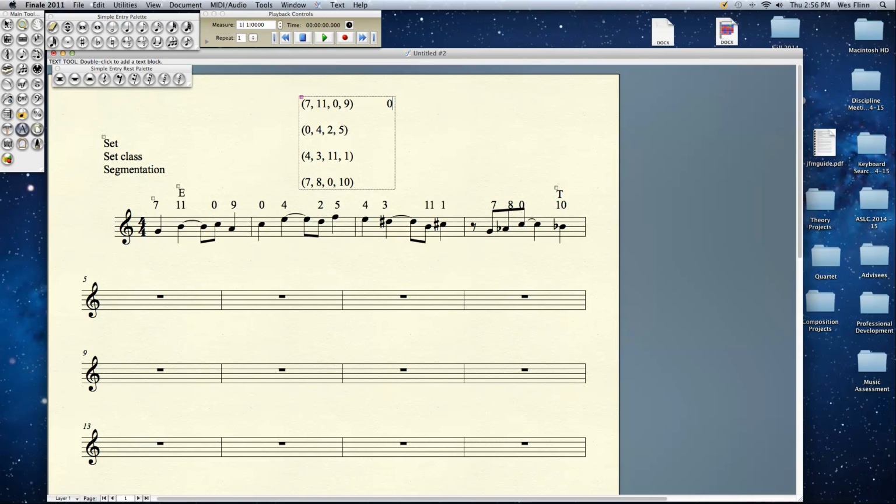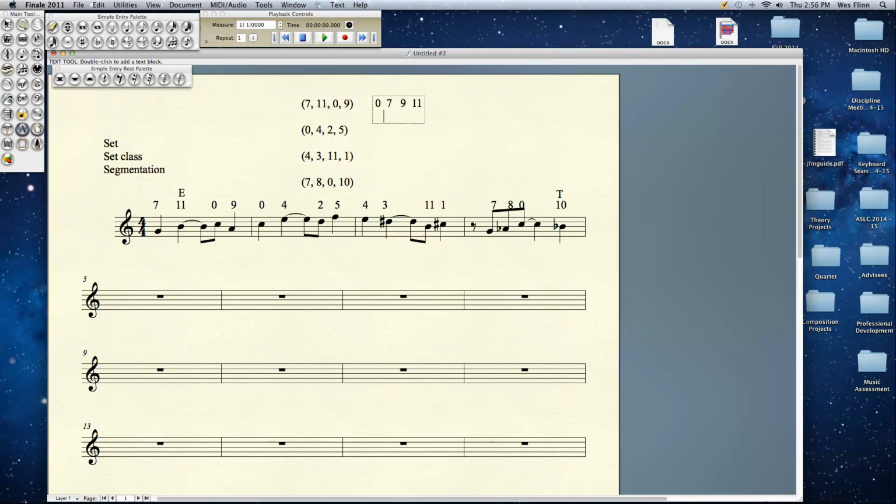So we'd start with, actually I guess we will be covering normal order a little bit. Normal order is simply the smallest possible rotation of the set. And by rotation, what we mean is reordering the pitches. So we start by putting them in ascending order starting on 0. So 0 is the smallest one, 7, 9, 11.